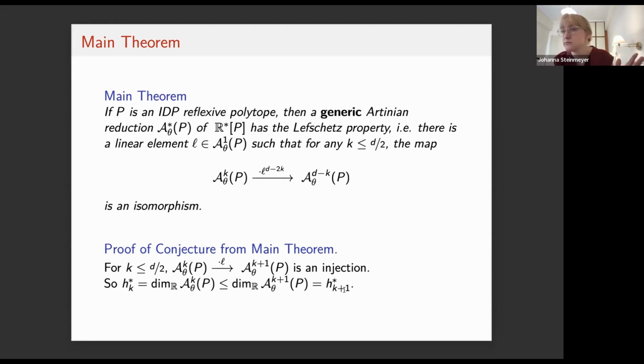Okay, we have it. This is all we're trying to prove. We're trying to prove this for every k in the first half. The upper half is either analogous or by symmetry, right? We know that we have a palindrome anyways. So we can just flip the information and we're fine. Everybody okay with going from Lefschetz theorem to the conjecture? All right.